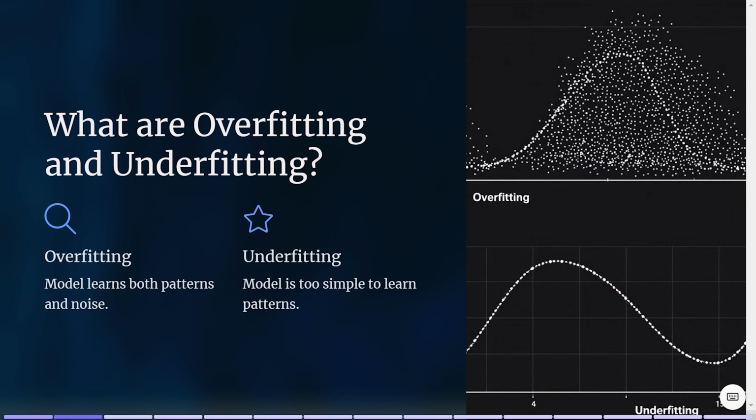On the other hand, underfitting is when the model is too simple. It doesn't learn enough to capture the relationships in the data. It's like showing up to an exam with just a basic idea of the subject. You're bound to miss the mark. Our job is to avoid both extremes and find that sweet spot where our models learn just enough to generalize well.